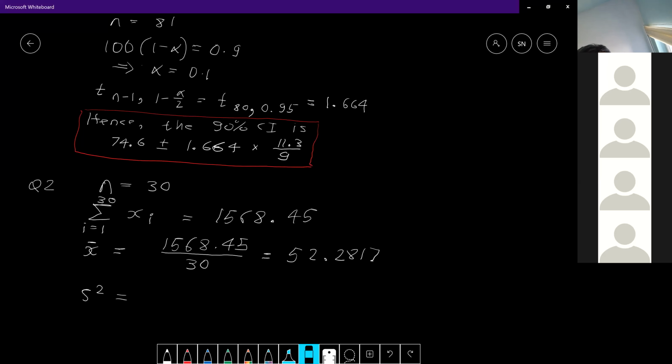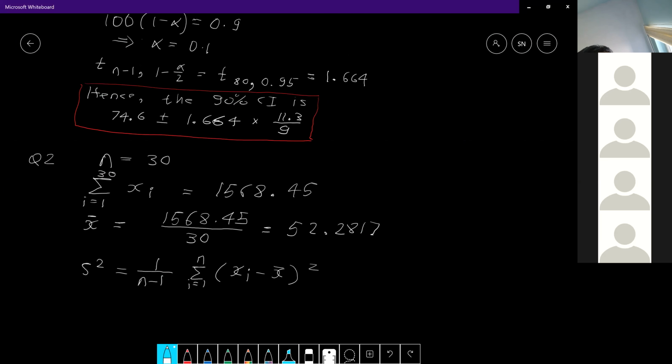Now you can rewrite this, I think I proved this in the class in one of the exercises a long time ago.